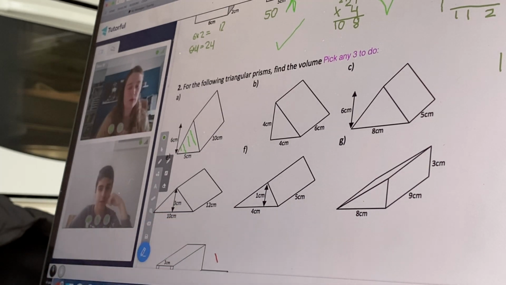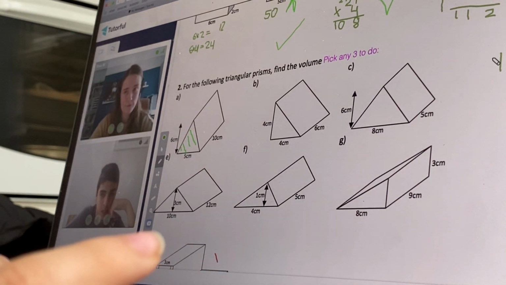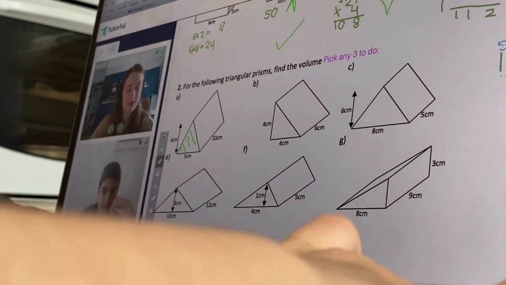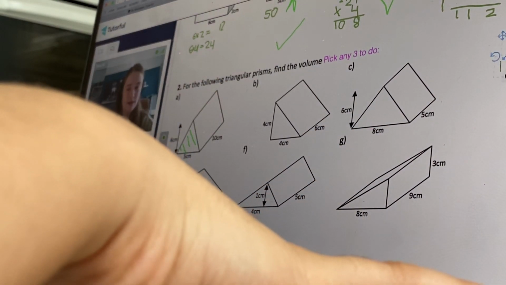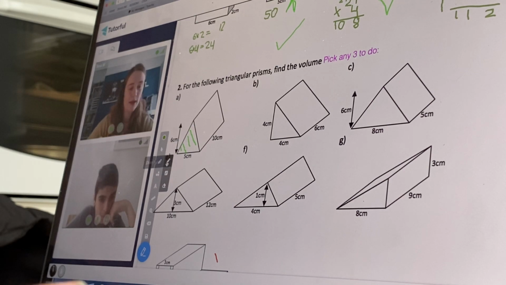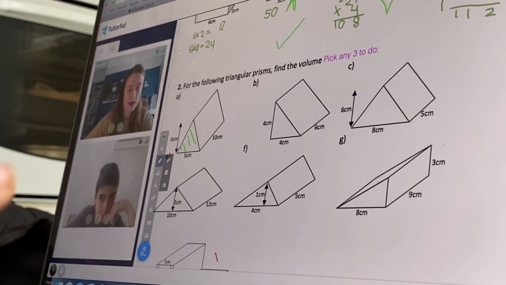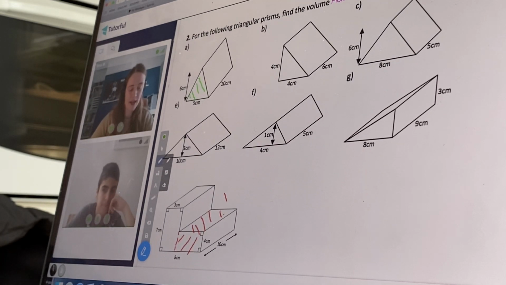My only concern is that if you half the 10 instead, like say you're just having an off day or you've not done it in a long time, and you half the 10, you will get a different answer, which won't be right. Whereas this way, if you think, right, the area of that triangle, I know is a half times the base times the height, so I'm going to do a half times 5 times 6, which gives me 15.